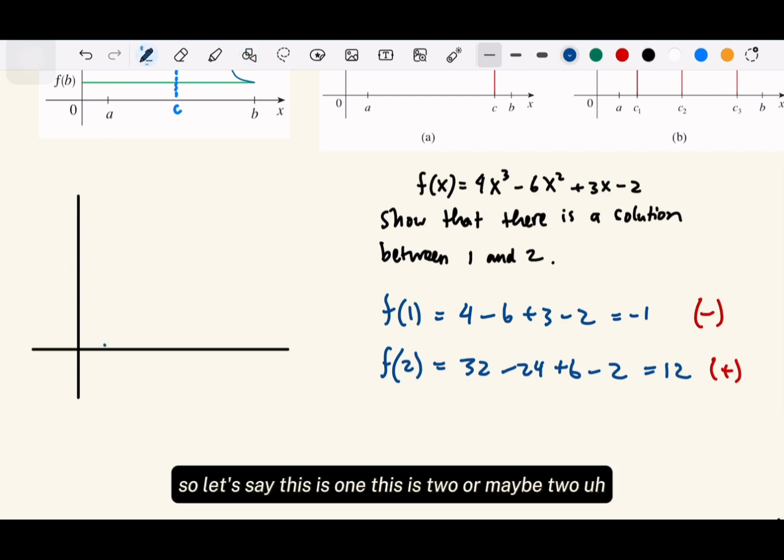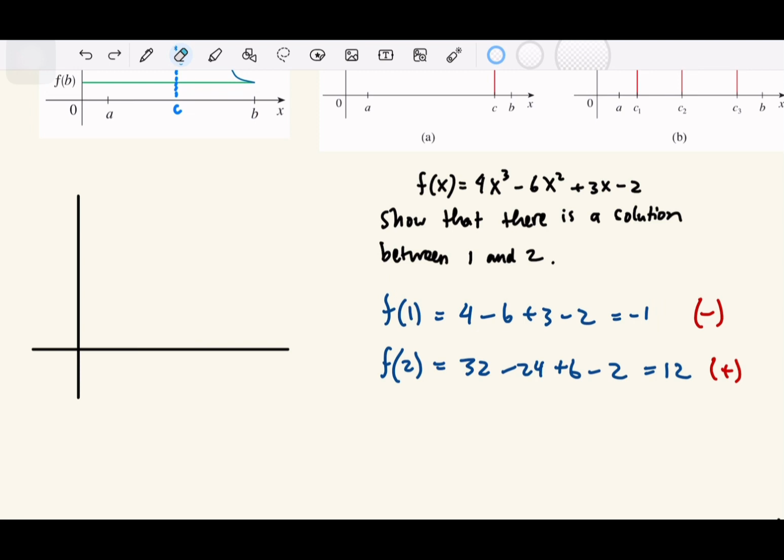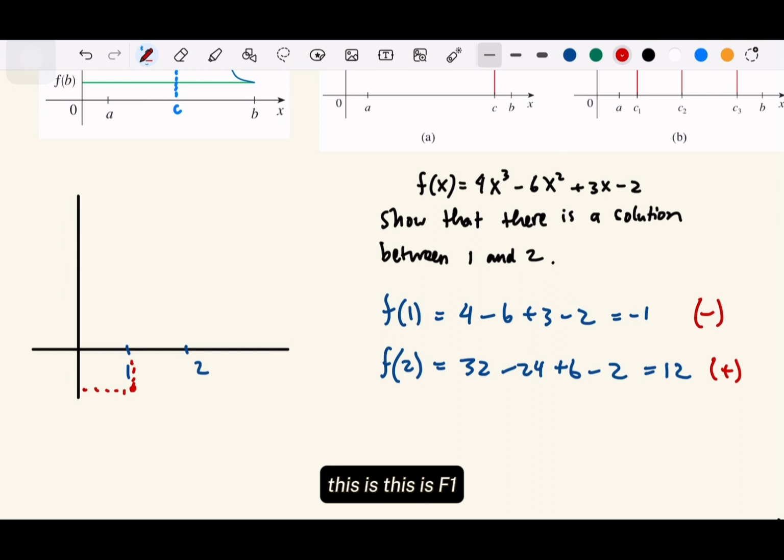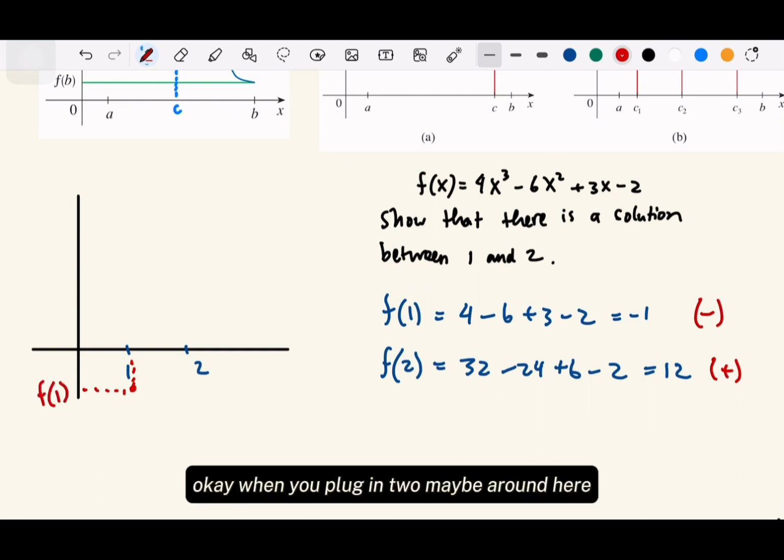So let's say this is 1, this is 2. When you plug in 1, we get around here, right? This is f of 1. When you plug in 2, maybe around here.